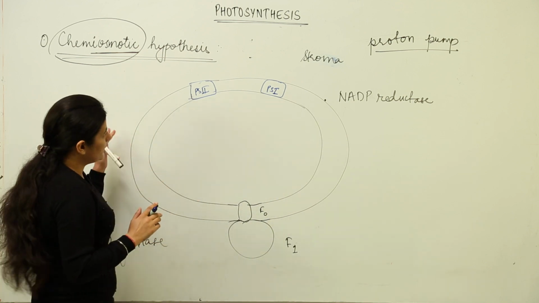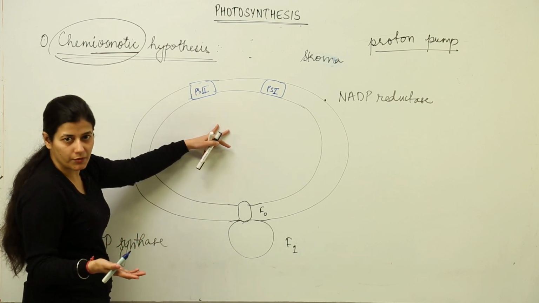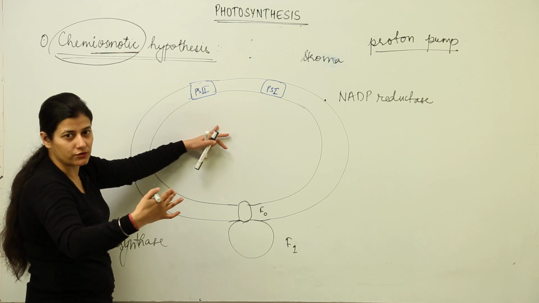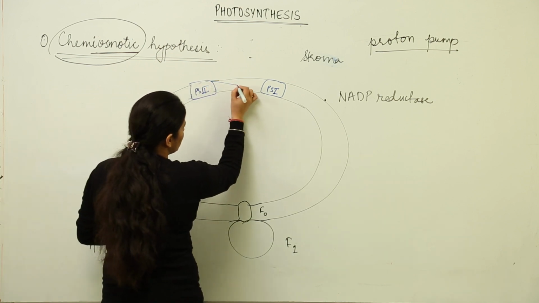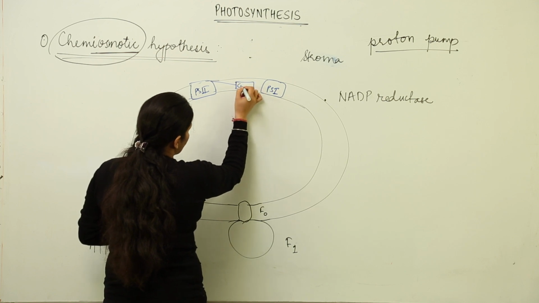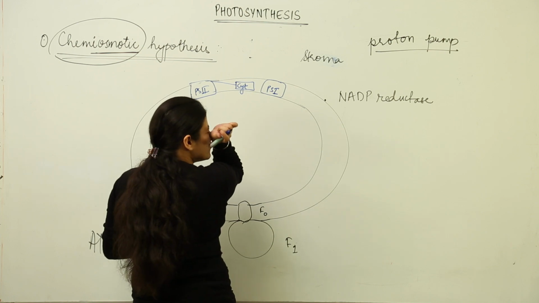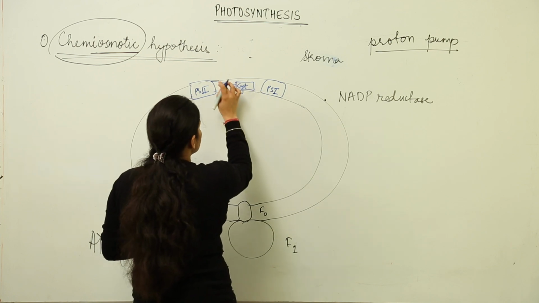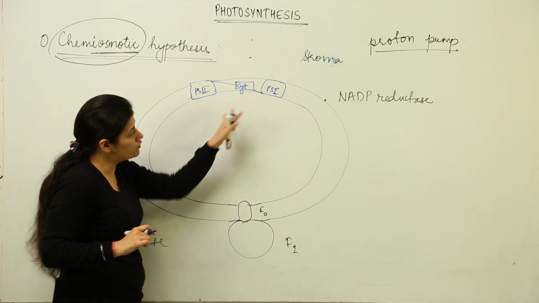When the light falls on the photosystem, you have studied that the electron would be excited. The electron excited from photosystem 2 would go to the cytochrome complex, that is the cytochrome B6F complex, and then to PS1. This is what happens between two photosystems.